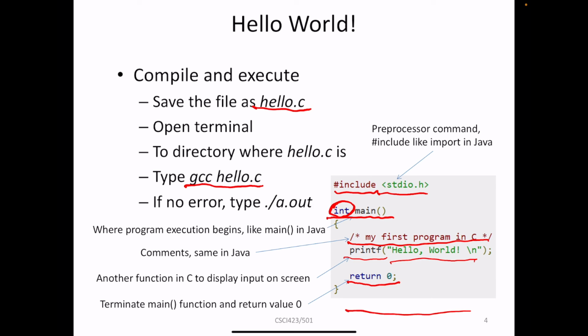Here gcc is the C compiler, and hello.c is the file name. If there's no error, hello.c will be compiled and generate a new file called a.out. Then after you type in ./a.out, you can run it. After you run this command, hello world will be shown on your screen.